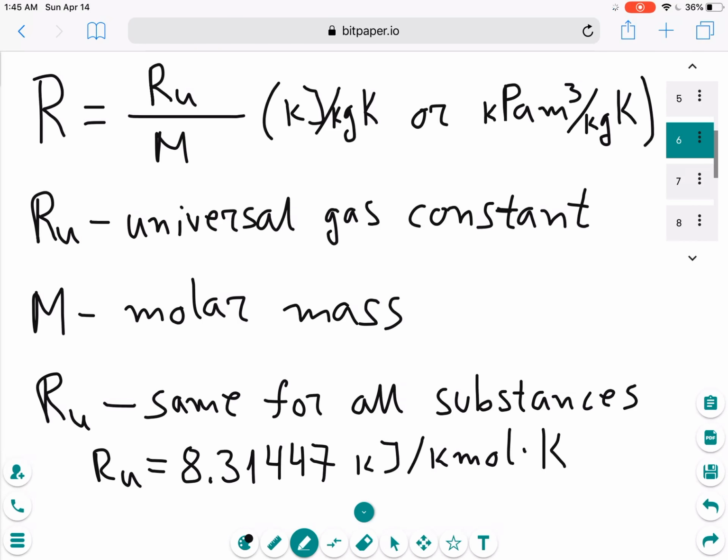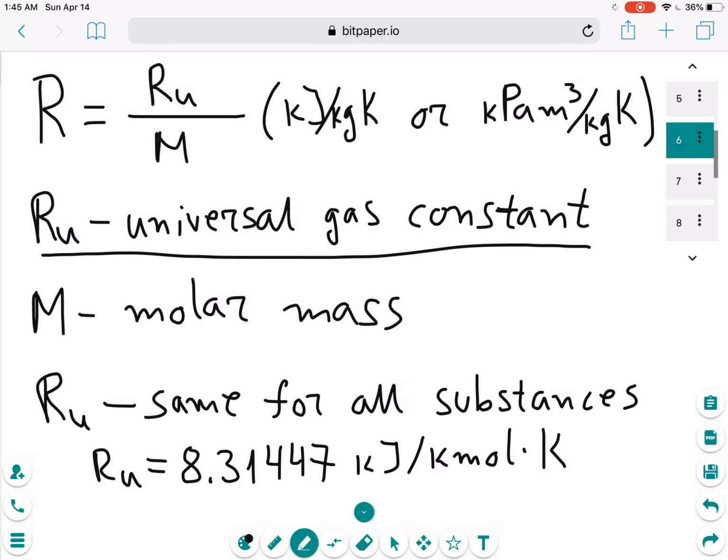Now, how is a gas constant determined? There is something called the universal gas constant, which is a gas constant that is the same for all gases.